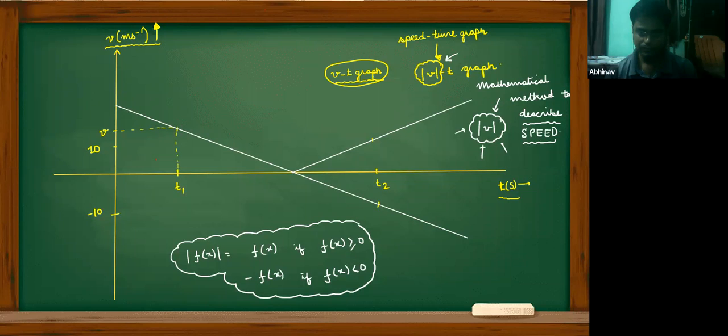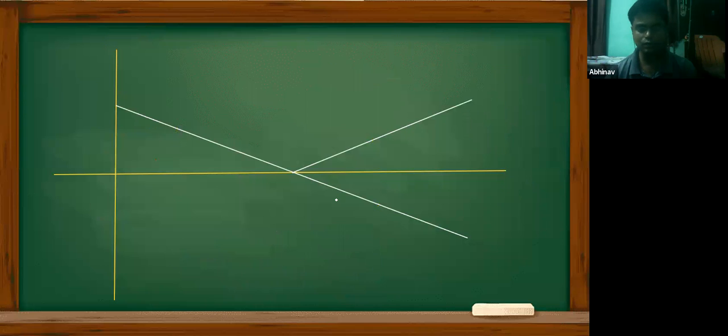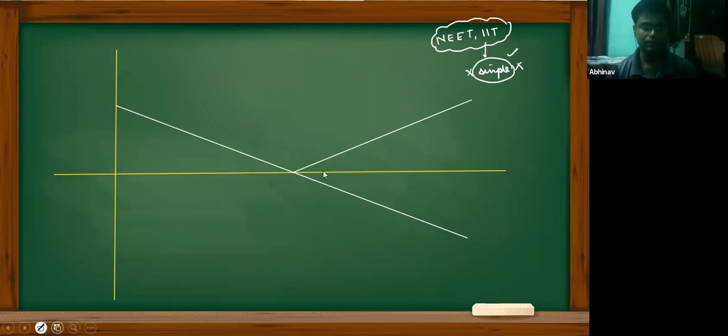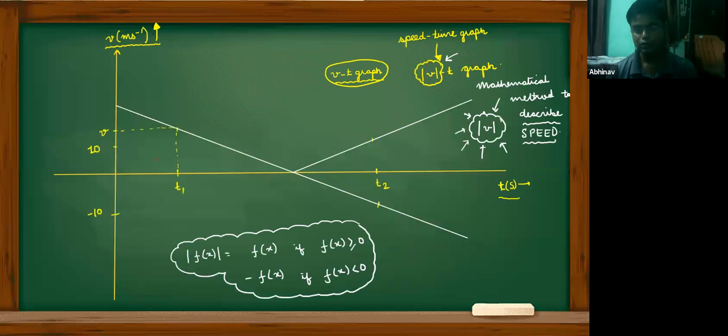Be 100% sure that the exams which we are going to encounter, NEET, IIT, or any other competitive all India level exam, are not going to be very simple. They will ask the same thing, but in a different format. So that's what we also have to learn. So speed is denoted by mod of v, that means just the magnitude of it.